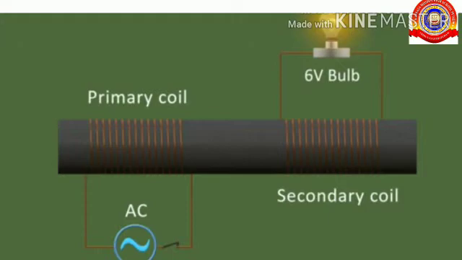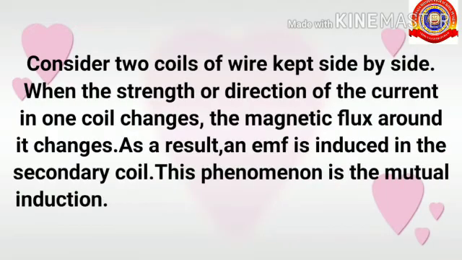The flux change produced in the secondary coil induces an EMF in it. This phenomenon is mutual induction. That is, through the primary coil we give current for the production of magnetic field, and the induced EMF is generated in the secondary coil due to the flux change that happens there.